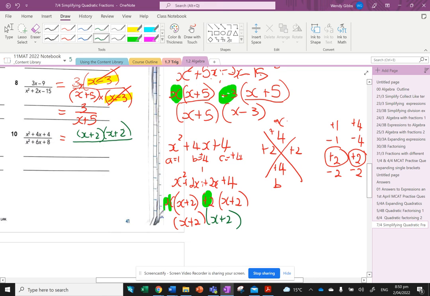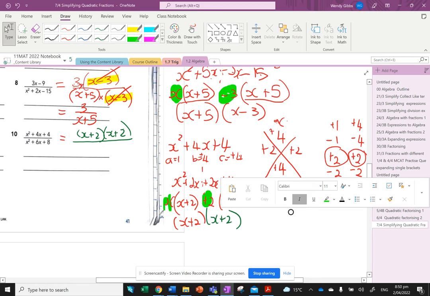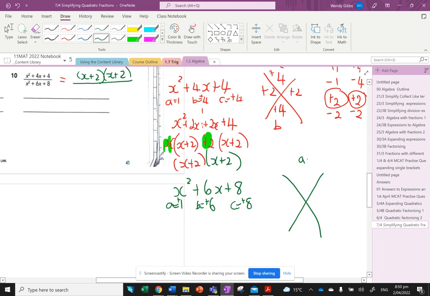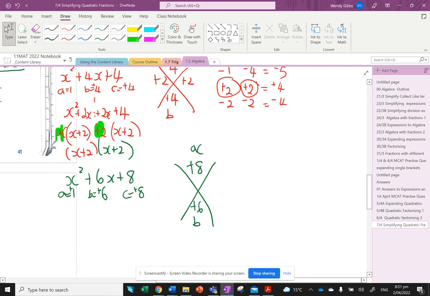And then on the bottom, we factorise the same thing again. Okay, so we've got x squared plus 6x plus 8. So the a is 1, b is positive 6, c is positive 8. So we want ac here, b here. A times c is positive 1 times positive 8, which is positive 8. B is positive 6, so we want factors of positive 8 that will combine to positive 6.